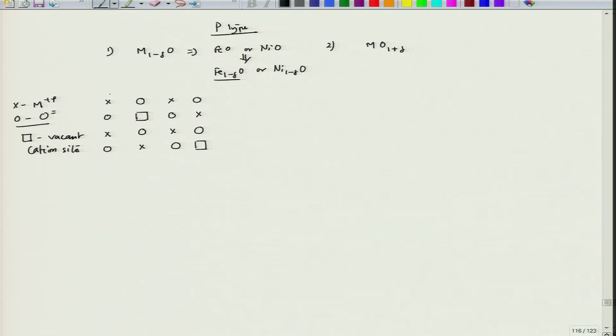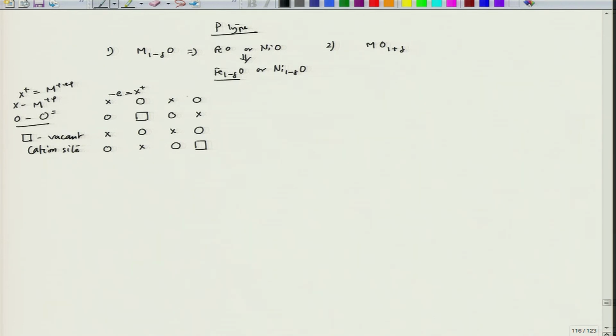a cation would try to leave one electron and form X+, since X is considered to be M2+. So, X+ is nothing but M3+, which is typically a bivalent metal cation with one electron hole.